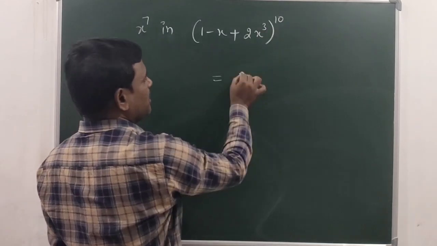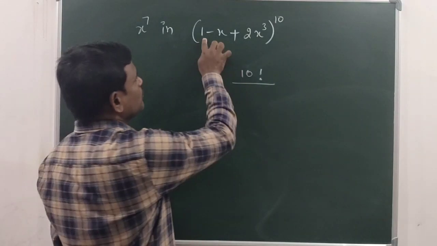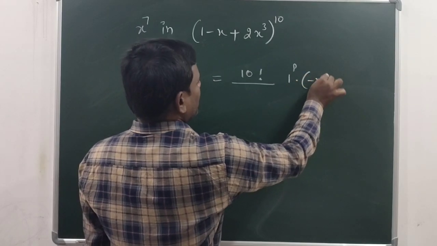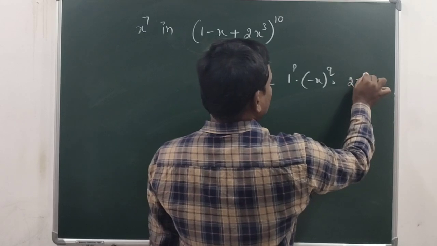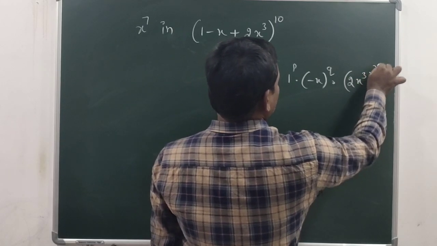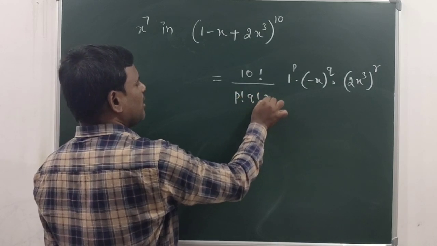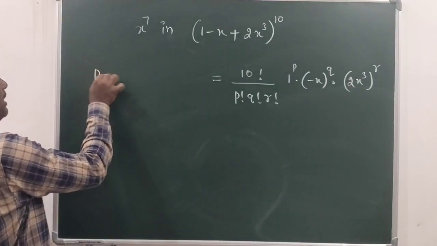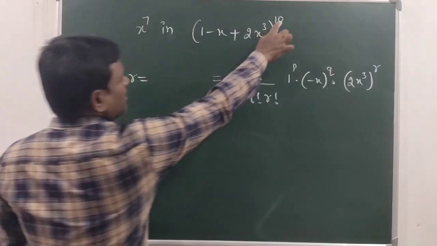You know the multinomial theorem. 10 factorial by p factorial, q factorial, r factorial, into 1 power p, minus x whole power q, 2x cube whole power r, where p plus q plus r would become 10.